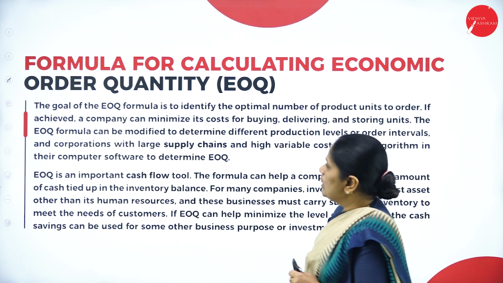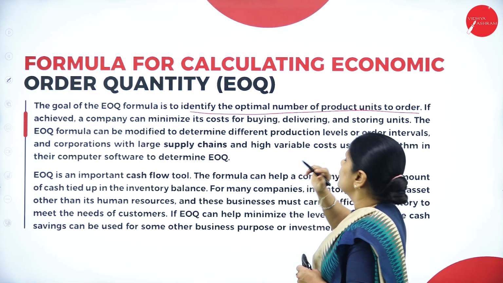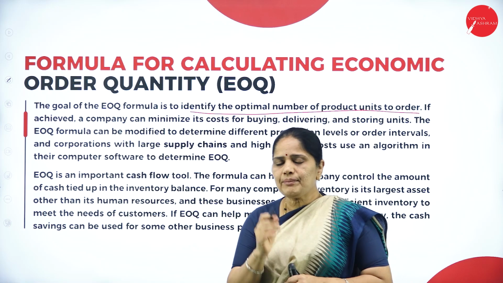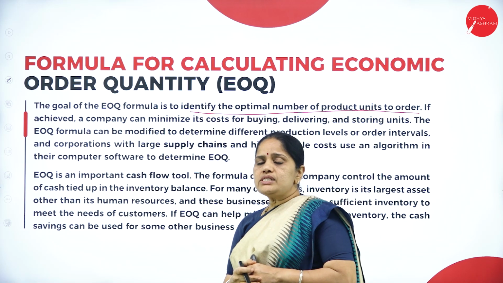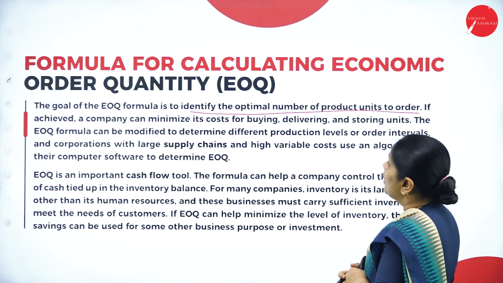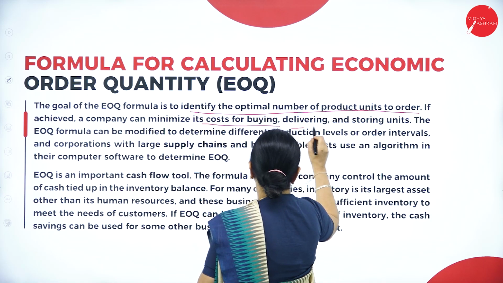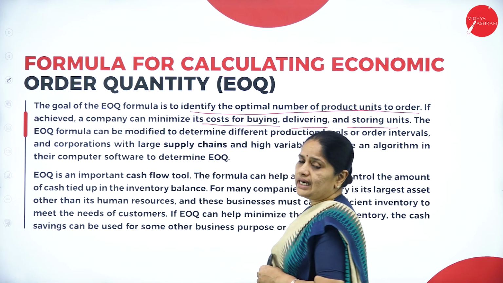Then the goal of the EOQ is to identify the optimal number of product units to order. So the main aim of EOQ is to tell us the optimum number of units we have to order. If achieved, a company can minimize its cost for buying, delivering and storing the units.